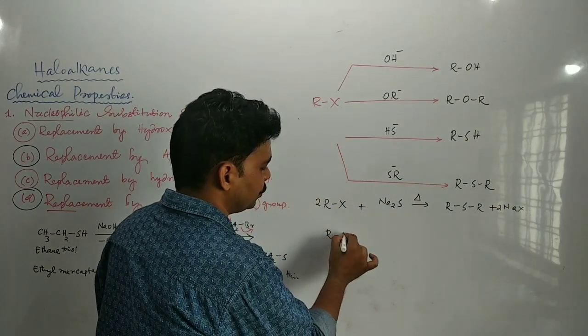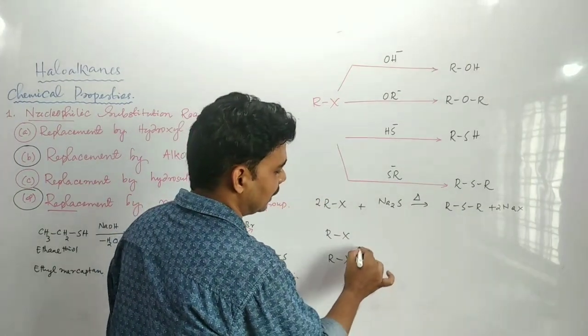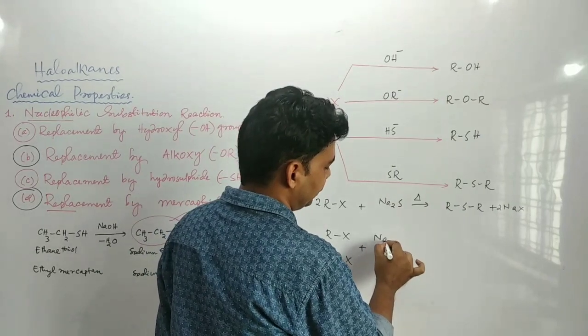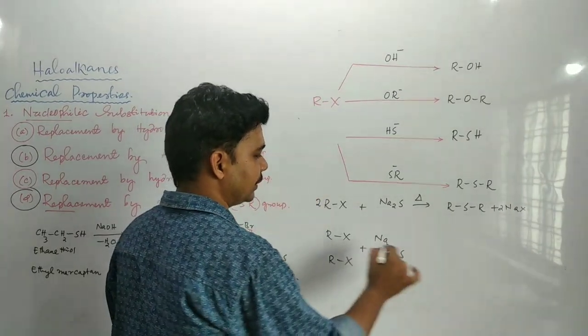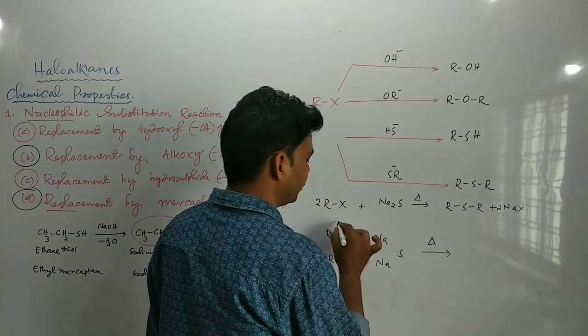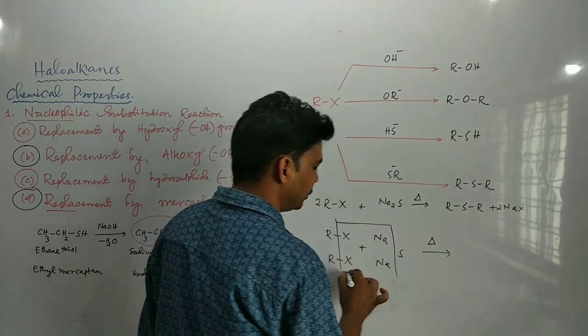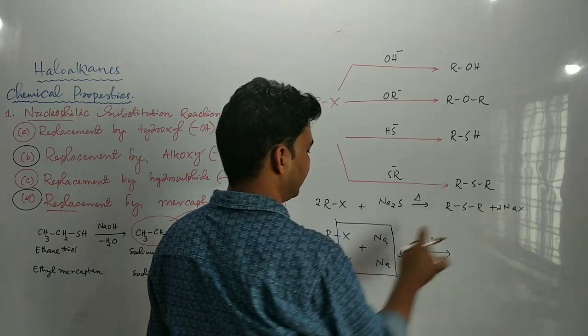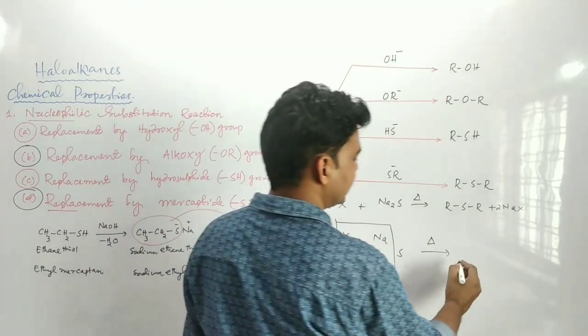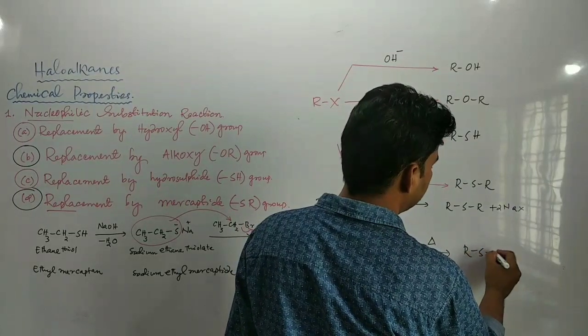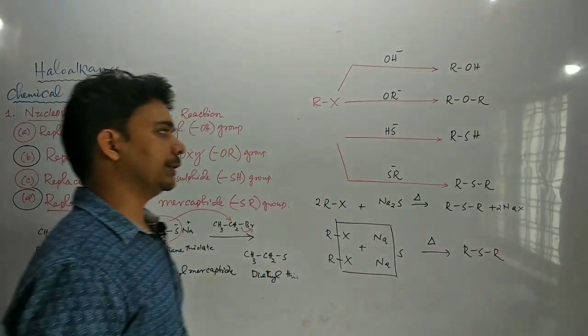This part will be removed as NaX, and these two R groups will be bonded to this sulfur such that you will get thioether.